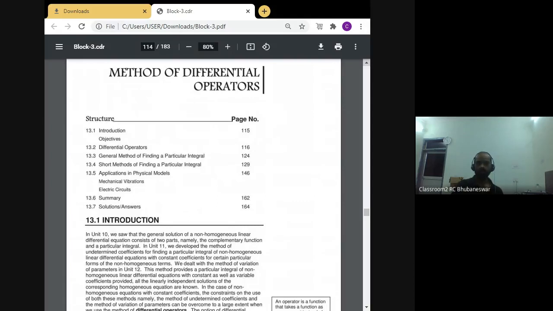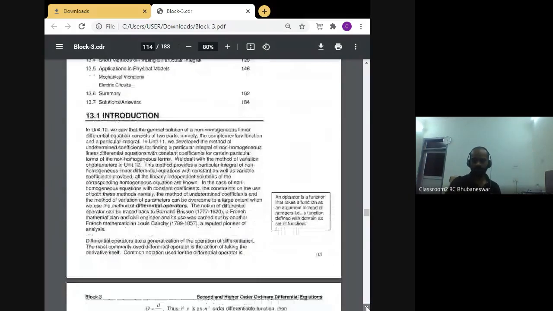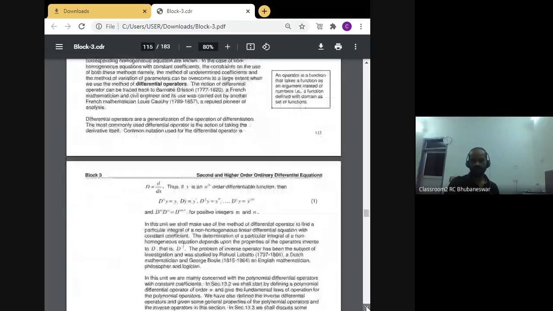That means we can also use the differential operator as a standard tool to find the solution of a differential equation of degree 2, order 2, or higher order derivative. Let us see how we can approach it.